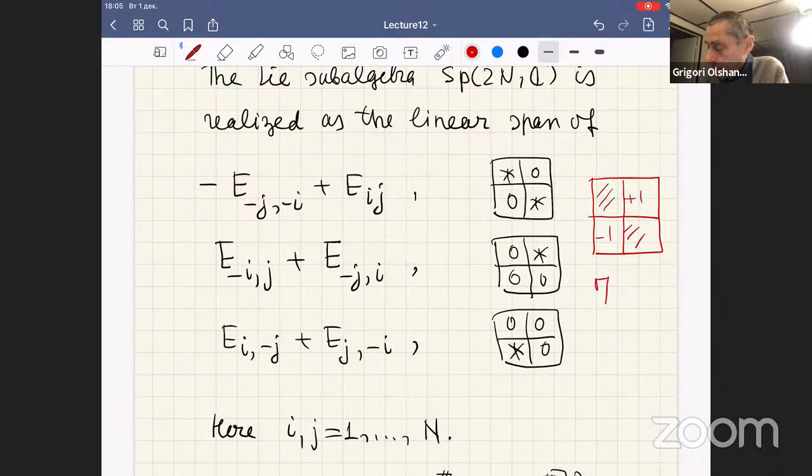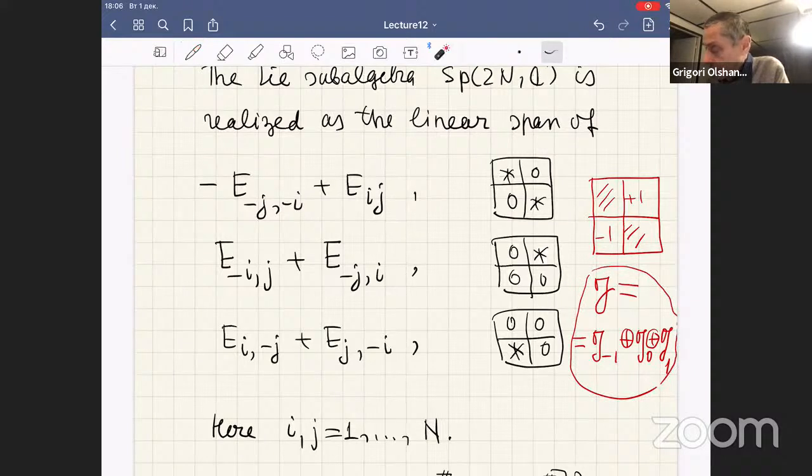So our Lie algebra, the symplectic Lie algebra, can be written as the direct sum, as a linear space, not as a Lie algebra, of G_-1 plus G_0 plus G_1. And this decomposition is compatible with the Lie structure, which means that if you take the commutator, the bracket is compatible with the indices modulo 2.